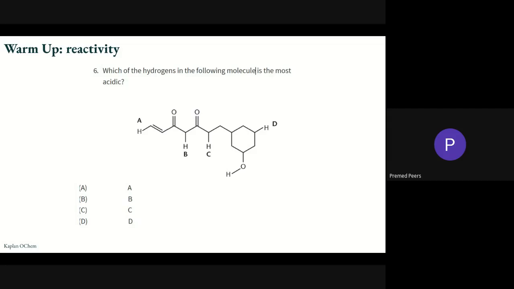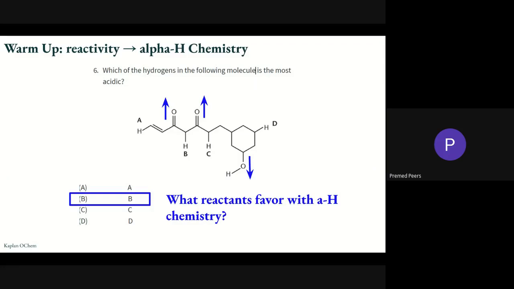I don't know if everyone got the same answer. Here is how I would approach the question: I look into where the electrons are pulling away to.